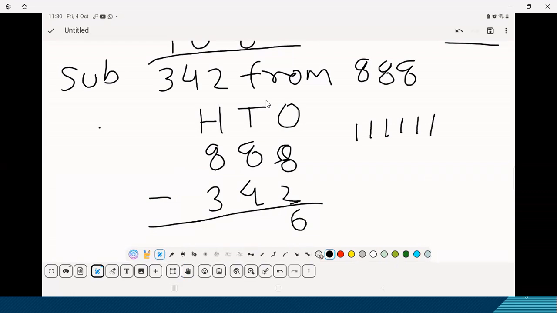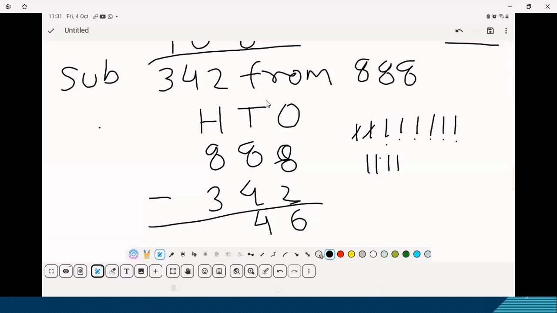There is one more alternative. You have to draw simply the 8 lines, cut 2 lines out of them, then 1, 2, 3, 4, 5, 6. Both are the same. Now 8 minus 4. You have to count till 8 after 4. 5, 6, 7, and 8. So you will get the 4 lines. So answer will be 4. Now 8 minus 3. You have to count till 8 after 3.